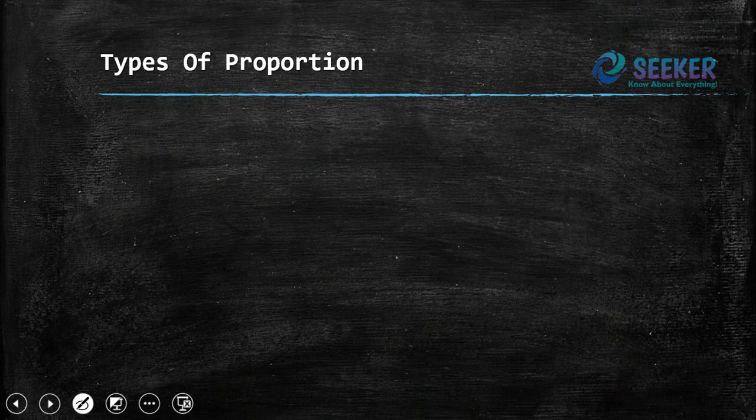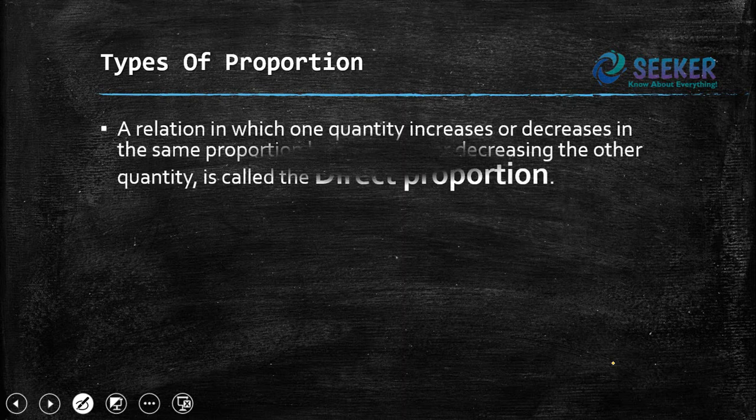Now we have types of proportion. Here we have two types of proportion. One is direct proportional, a relation in which one quantity increases or decreases in the same proportion by increasing or decreasing the other quantity.